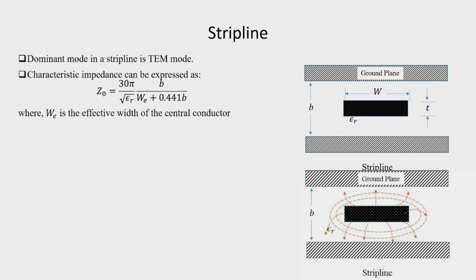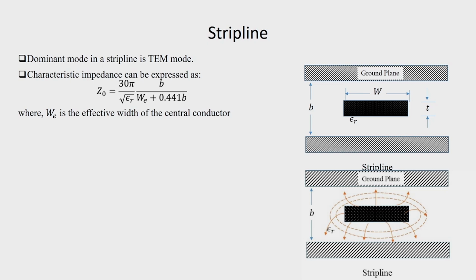Here we are not considering the thickness of the strip line, because T is usually very small, and when T is assumed to be 0, in that case we can write the characteristic impedance Z naught is equal to 30 pi by root epsilon r times b by (W e plus 0.441 b).